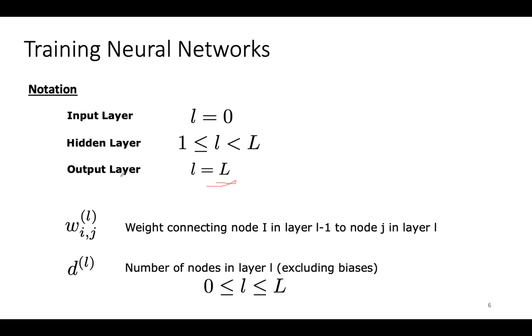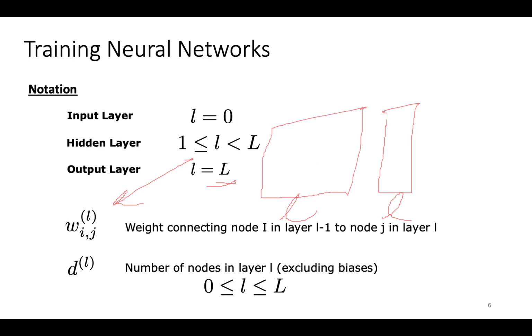As you already know, extending this to the previous definition of Wij, we're going to have Wij for the specific layer l that we can show like this. So the weight connecting node i in layer l minus 1 to node j in layer l. So this is layer l, this is layer l minus 1, the previous layer.